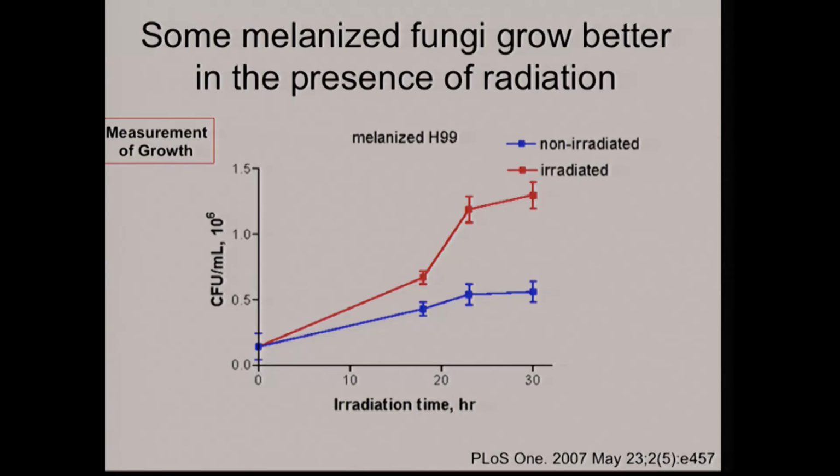They then did a number of other experiments with a number of different controls. I'm just going to show you one, and I'm not going to show you the controls because we only have 3 minutes now. This is a measure of growth. We have the melanized fungi that is not irradiated and the melanized fungi that is irradiated.